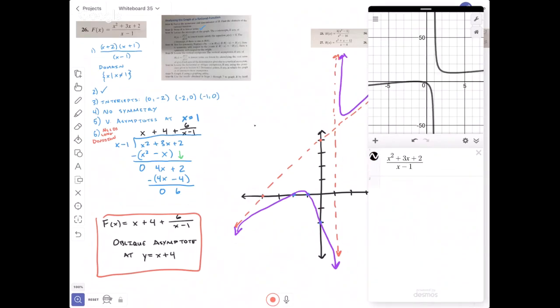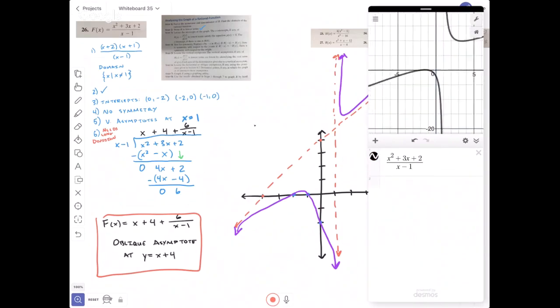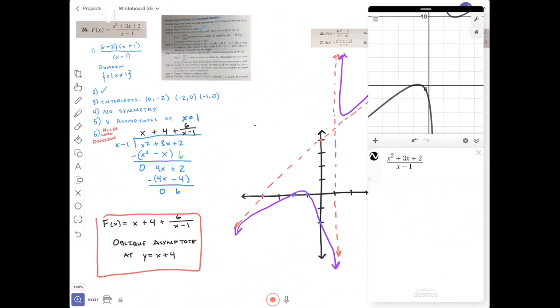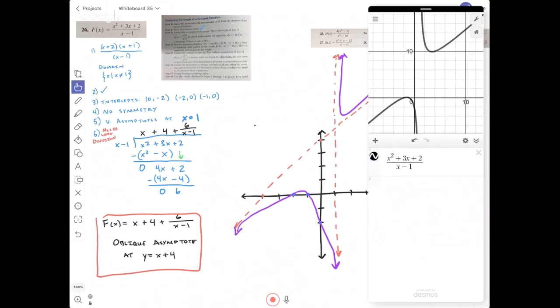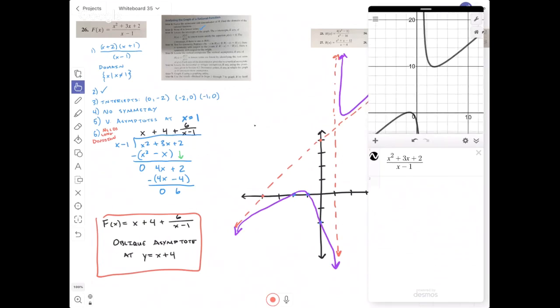Ta-da! Very cool. Just like we had predicted, it was coming down from over here. It went up over the x-axis, back down, and then continues back up here. It came up and then down. Of course, it's in purple. Great.